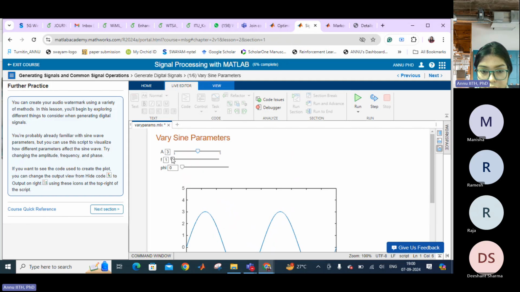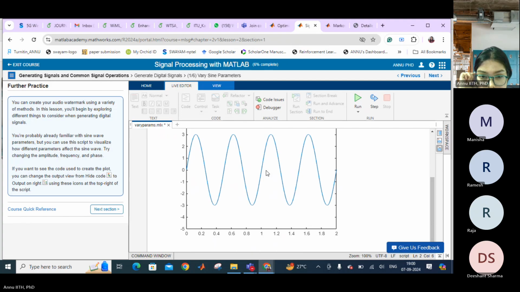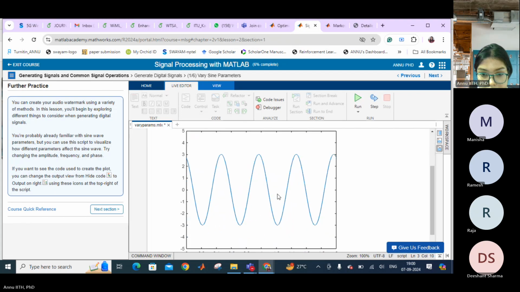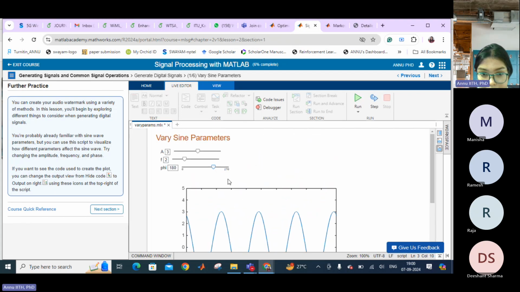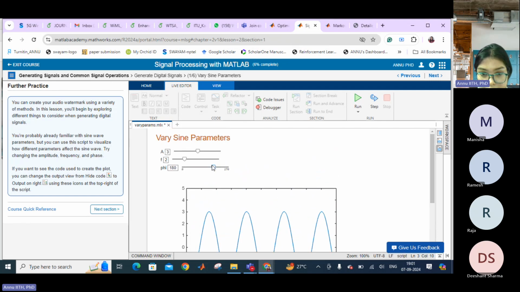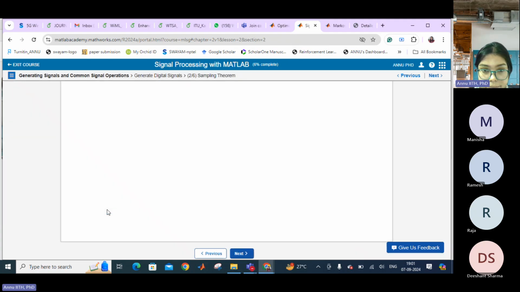No. Let's change the frequency. Okay. Let's change phi. I can't see the phi change much, but phi has been changed by 180 degrees. Phi is nothing but the orientation.